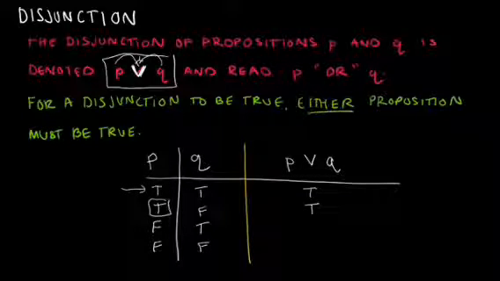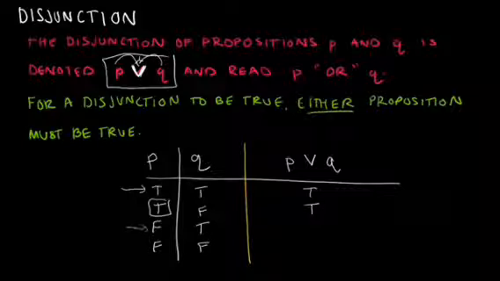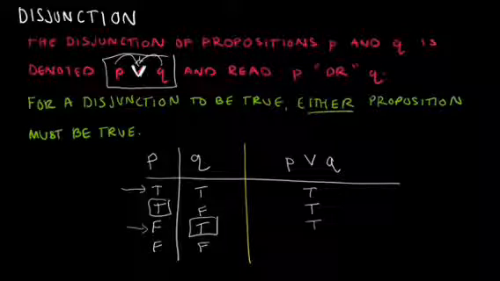Only one of them needs to be true. They can both be true, but only one of them needs to be true. If P is false but Q is true, P or Q is still true because Q was true. So the only false value I'm going to have is where both P and Q are false, because neither one is true, and for the disjunction to be true, either proposition has to be true. So that's my solution.